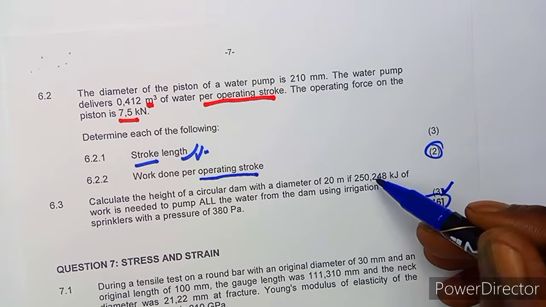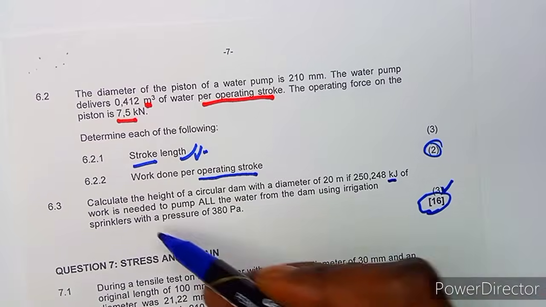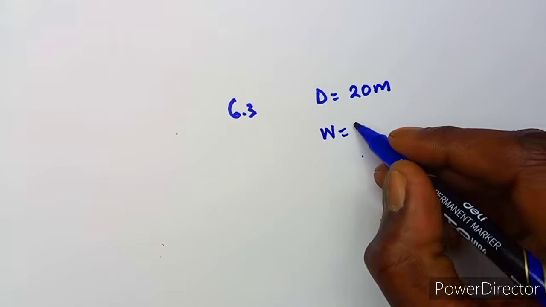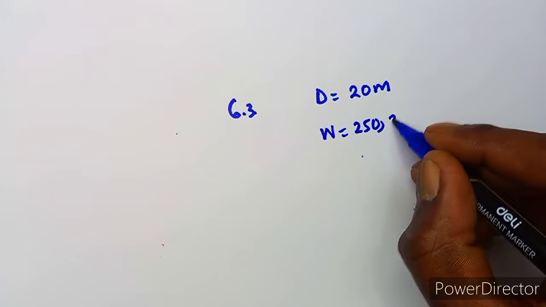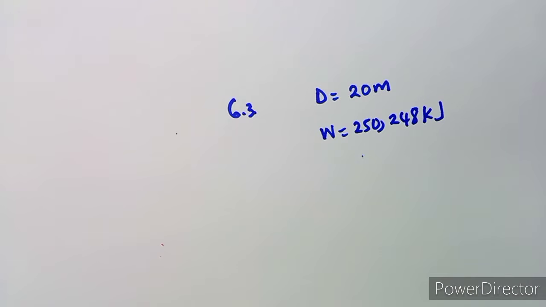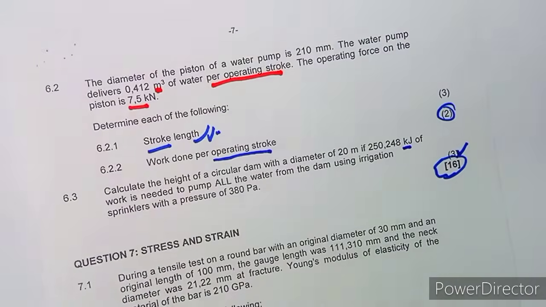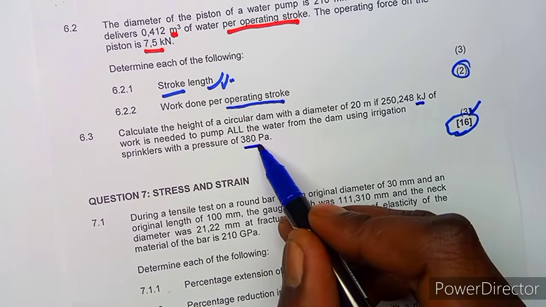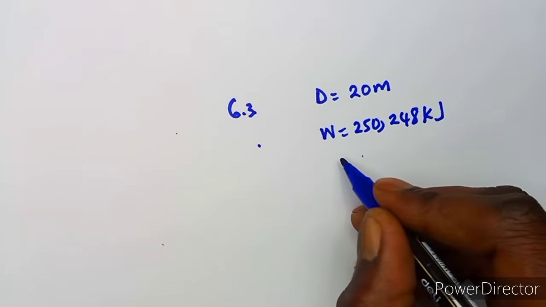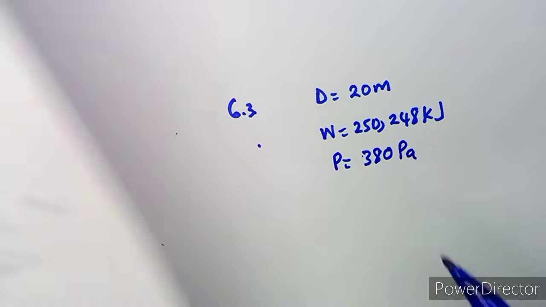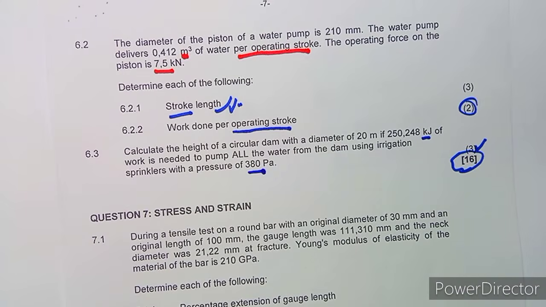If 250,248 kilojoules of work is needed, where kilo means just times 1,000, or times 10 to the exponent of 3. But we are given that there is also a pressure of 380 Pascal. So what is going to be the height of the circular dam?